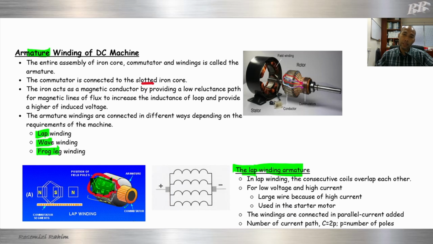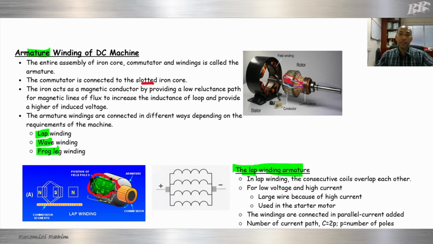There is overlap at this pole, where coil 1, the gray coil and the red coil overlap. That's why we call it lap winding armature.